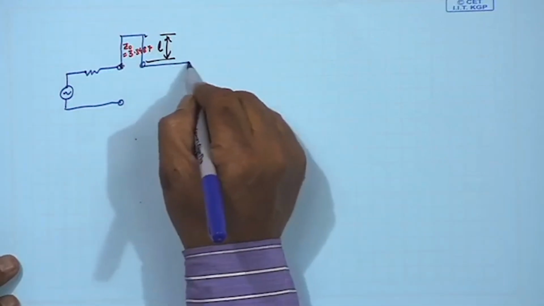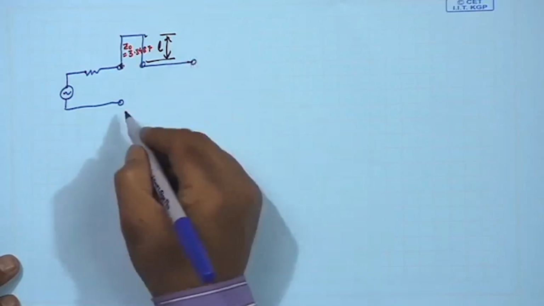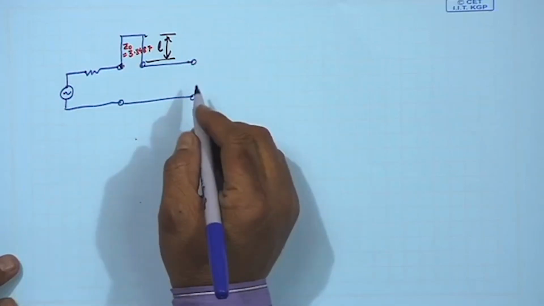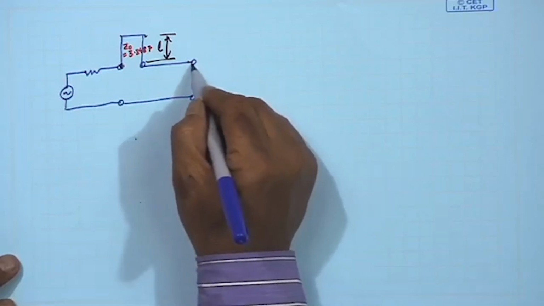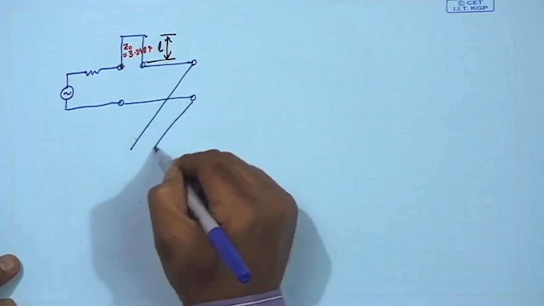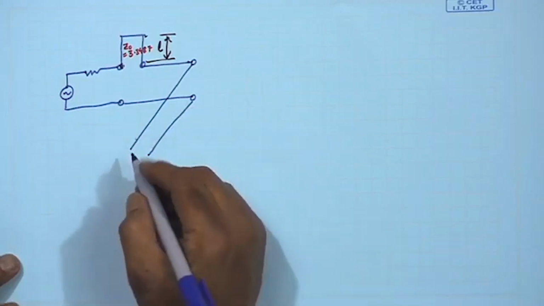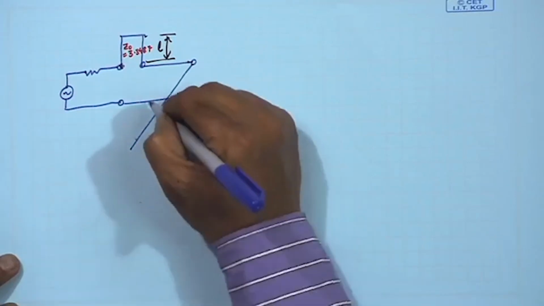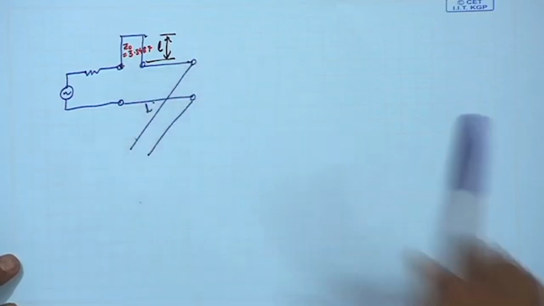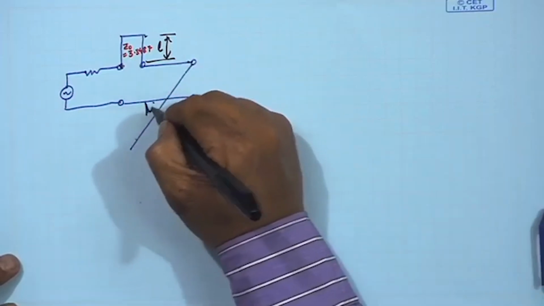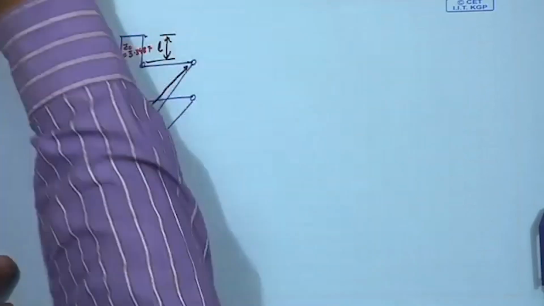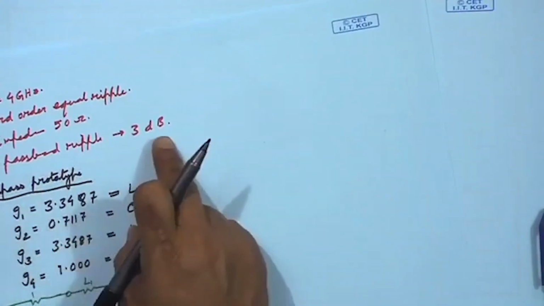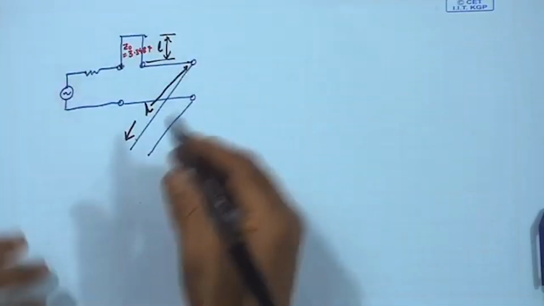Then C2 we will have to put; C2 is a shunt. So, we will have to put a shunt stub with open circuit, and this L again will be that same lambda by 8 at the cutoff frequency, that means lambda by 8 at 4 gigahertz. So, what is the value of L?